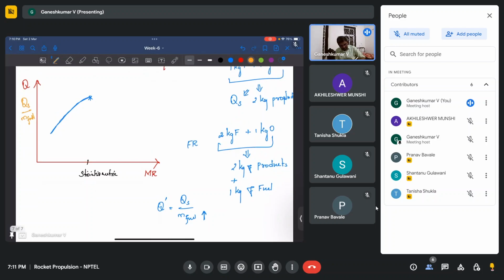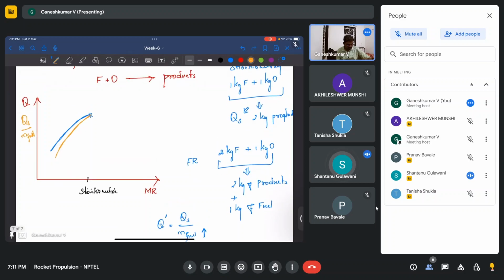Then you might have something like this, because Q is decreasing and the amount of fuel you used is increasing, so you will have a reduction. Even if you calculate, you are going to end up with the same thing. It's just the argument of division, which one is increasing. Is that what you are asking, Shantanu?